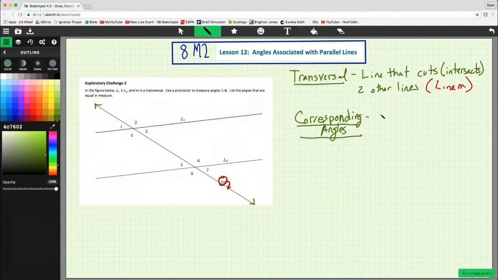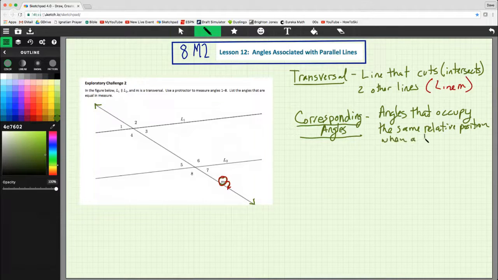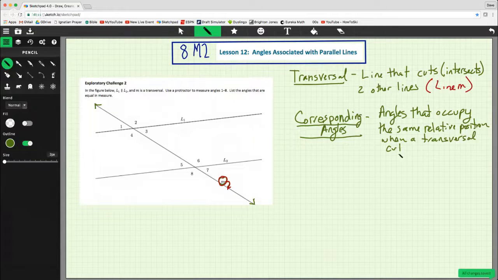And this is angles that occupy the same relative position when a transversal cuts 2 lines. Or, let's not use the word cuts. Let's use the word intersects.